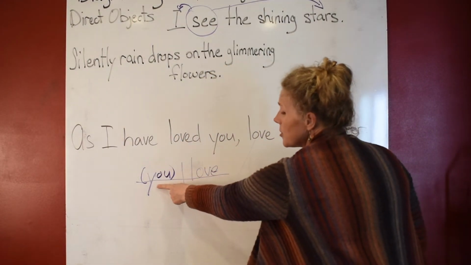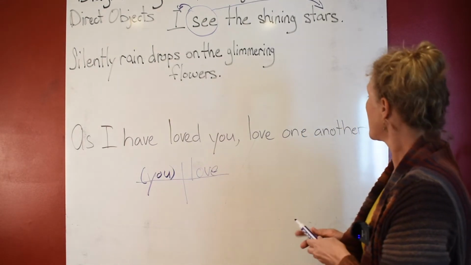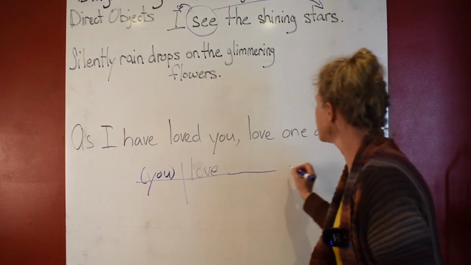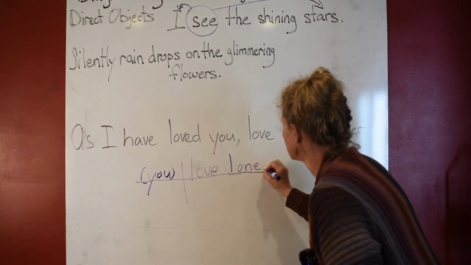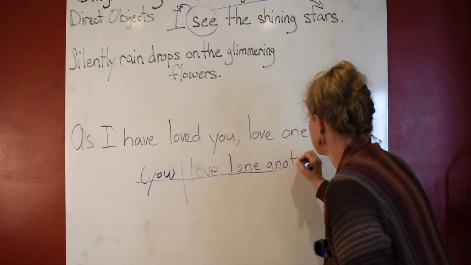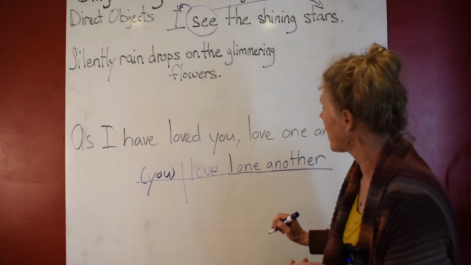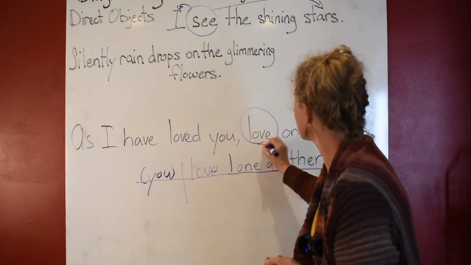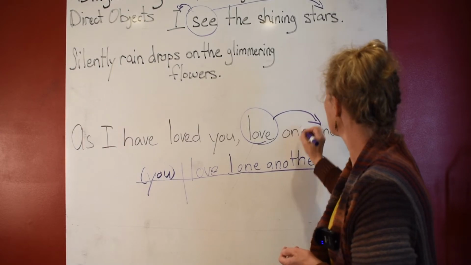So you put it in parentheses if you're assuming who's doing the loving. Now, who's receiving the love? One another. That is receiving the love, right? So we have our verb here with the subject assumed, and then it's one another.